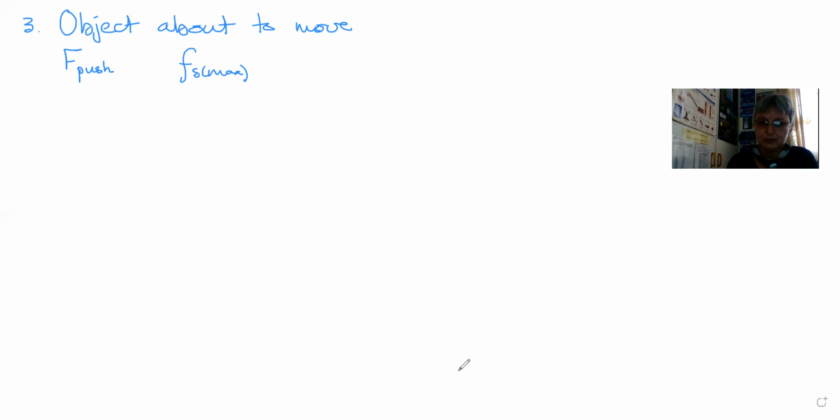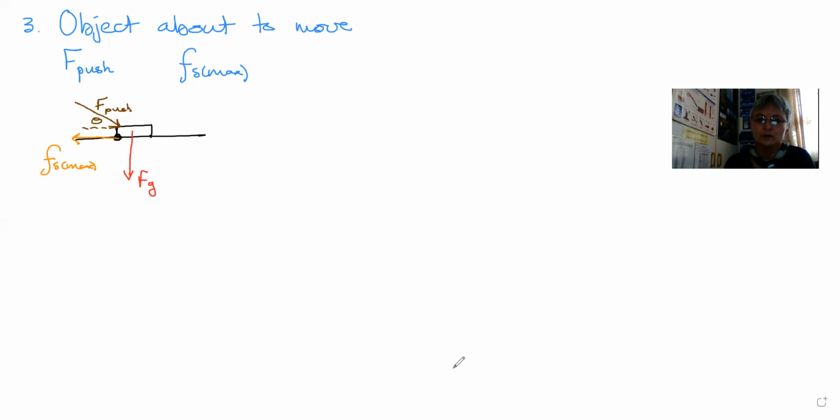So we've got our object on a flat surface. There is a gravitational force acting on the object. There will be a pushing force on the object at an angle theta. Now the friction would oppose this applied force and it would be Fs max.